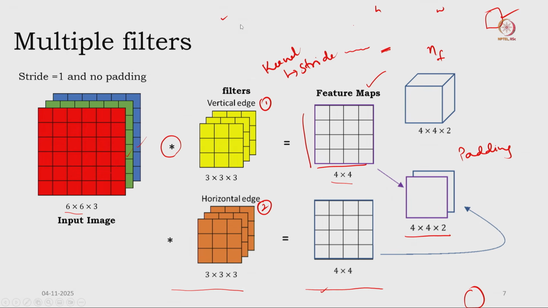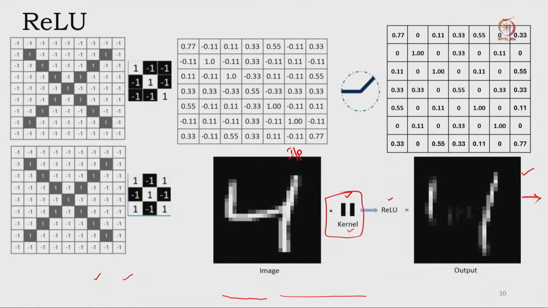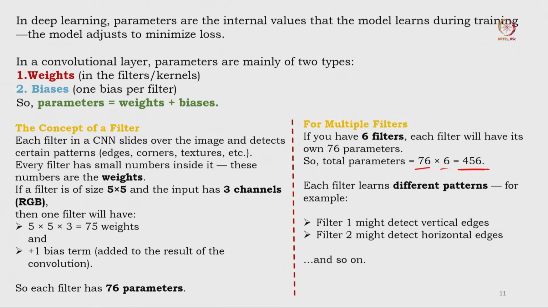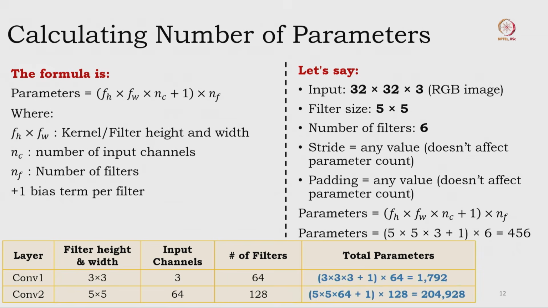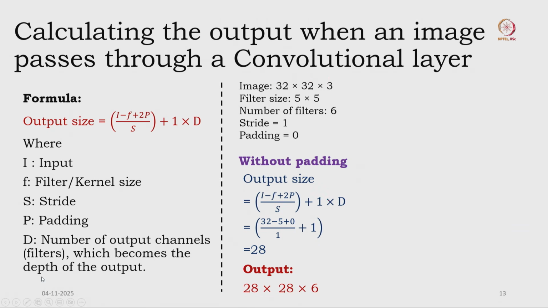If I use a third kernel, you would get one more feature map and it would be by 3. If you use one more kernel, it is by 4. So overall, the size is calculated using this particular formula. This is how you calculate the output.